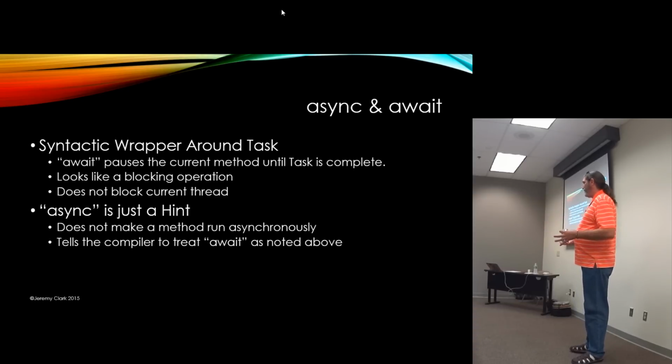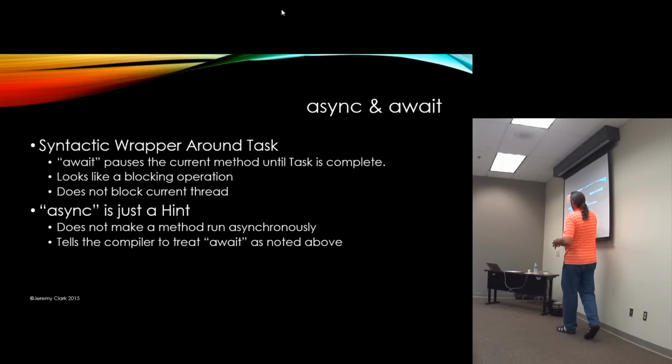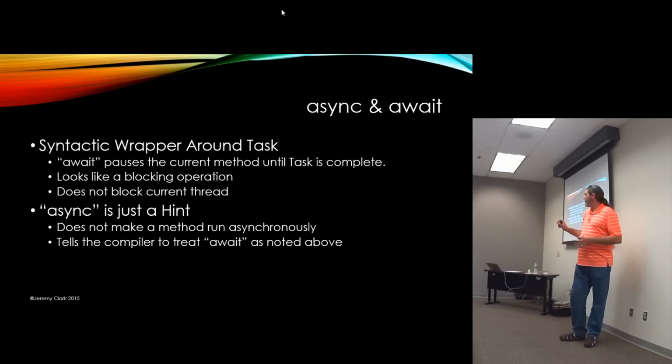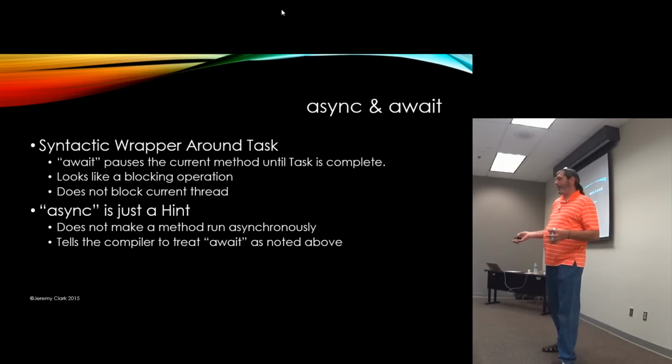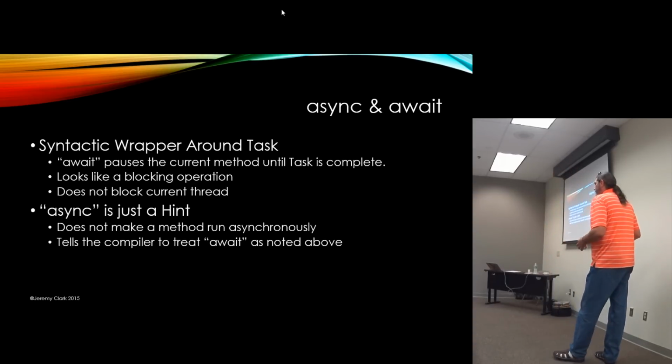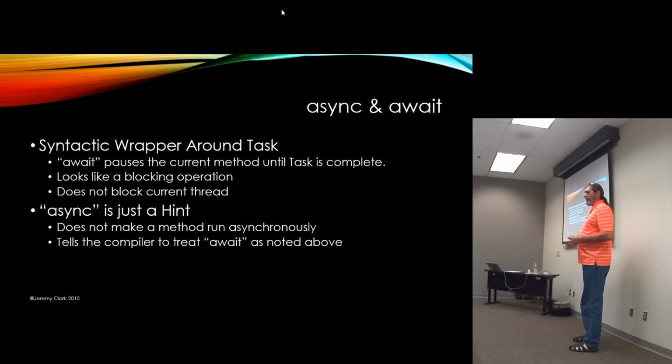Now, the async keyword that we put on the method itself, people think that that magically turns the method asynchronous, and that's actually not the case. Async is just a hint to the compiler. The reason for that is because we have this new await operator that we got in .NET 4.5, and we didn't want to break any existing code. Well, it turns out await was not a reserved word in C#.